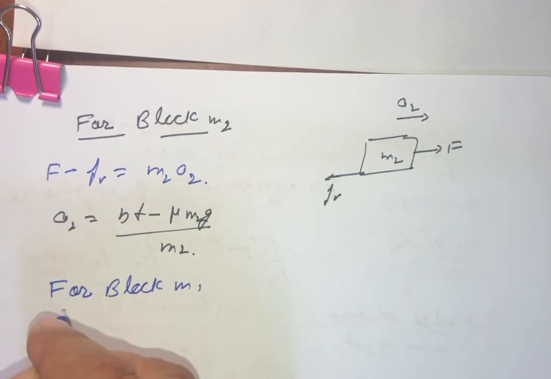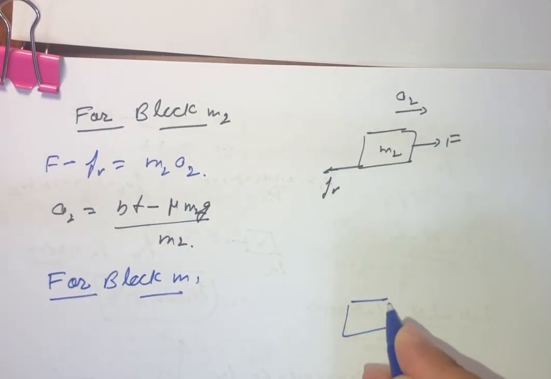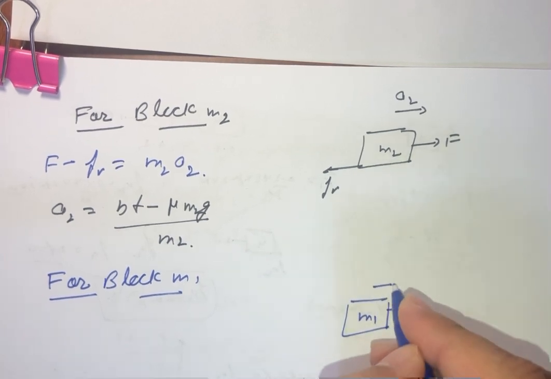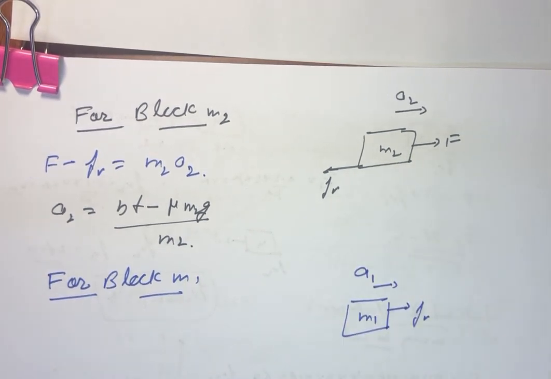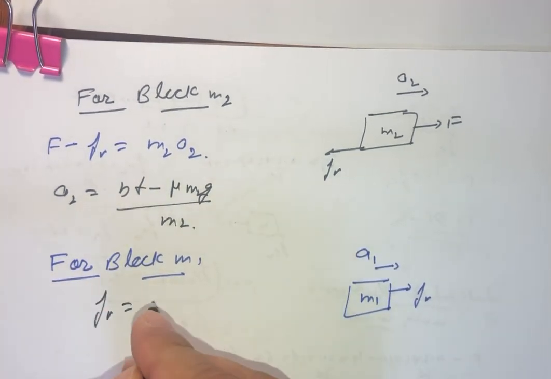Now we write for block m1. So this is our m1, with Fr, and we assume that it is moving with the acceleration of a1. So from here we can say that our Fr is equal to m1 a1.